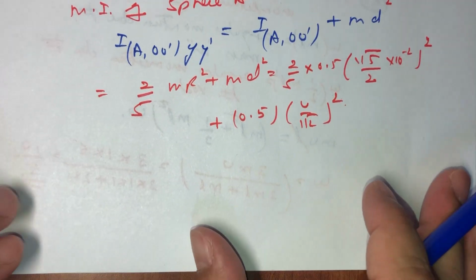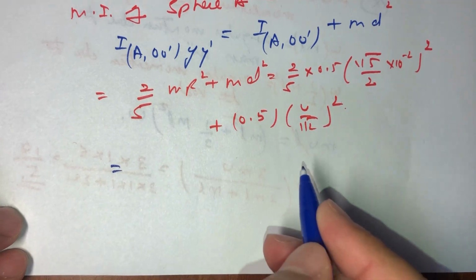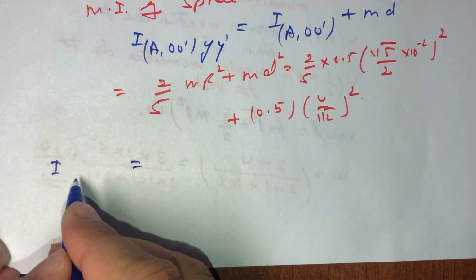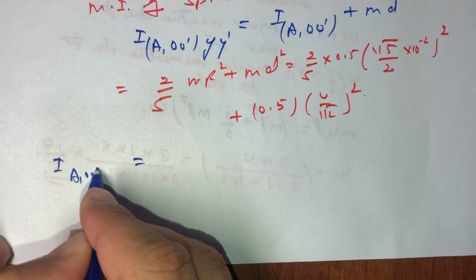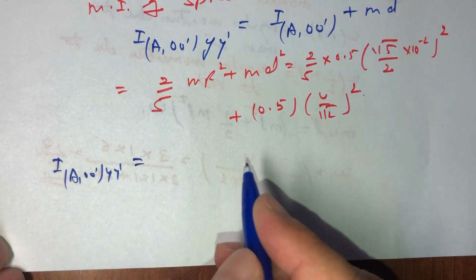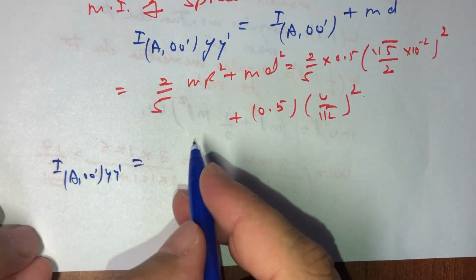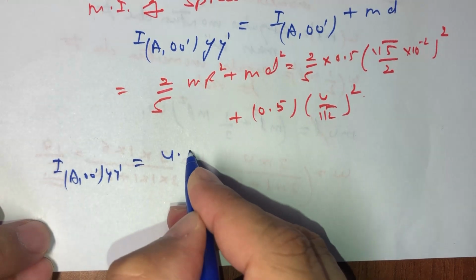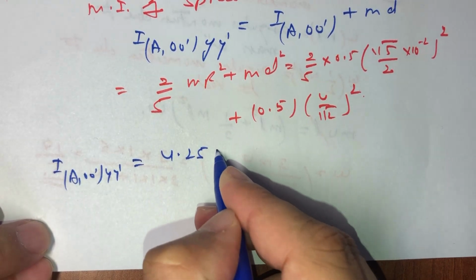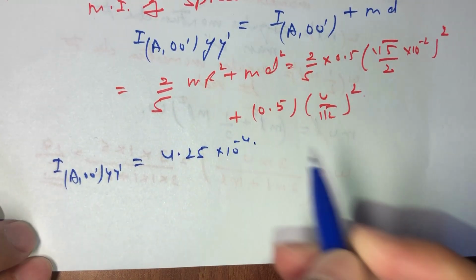So we can solve it further. This will be coming as moment of inertia of A with respect to y prime axis as 4.25 into 10 raised to power minus 4.